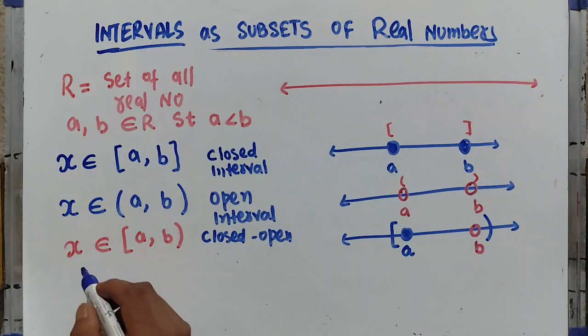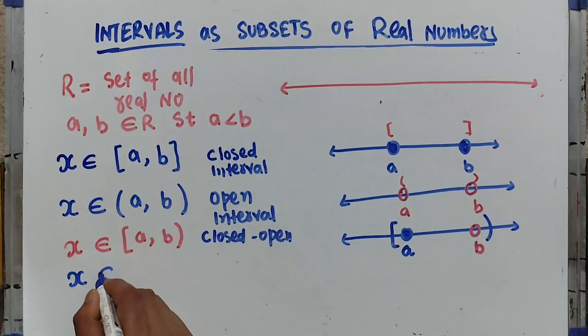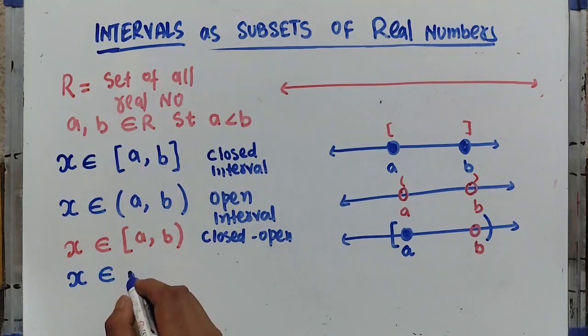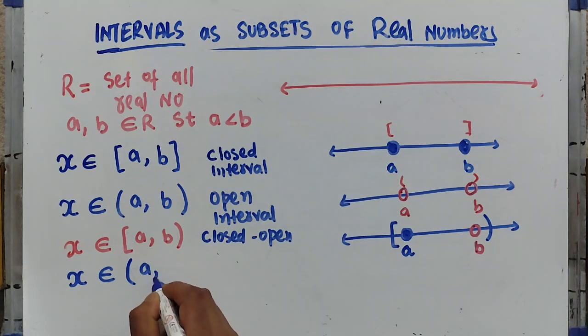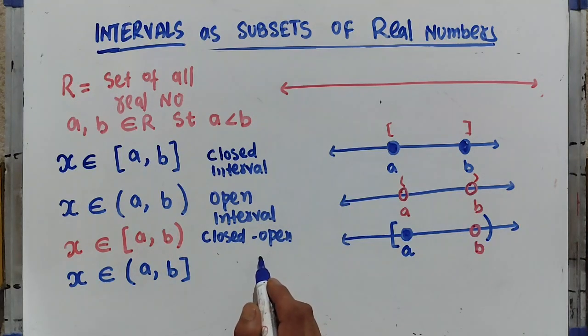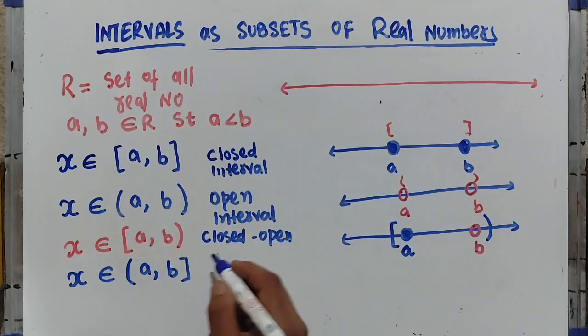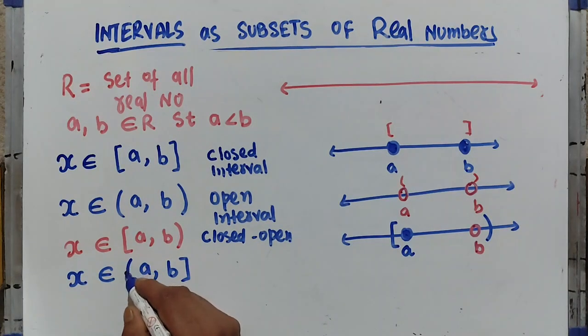Then likewise, let us suppose x belongs to (a, b], a number that is open from the left and closed from the right. We call this open closed.